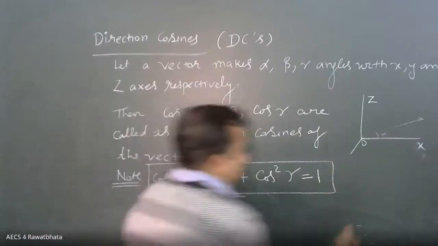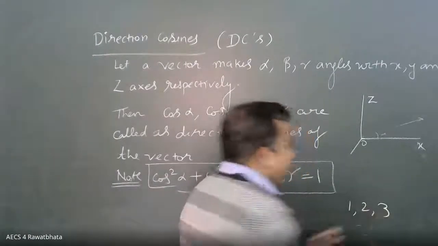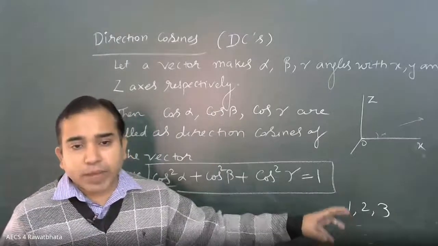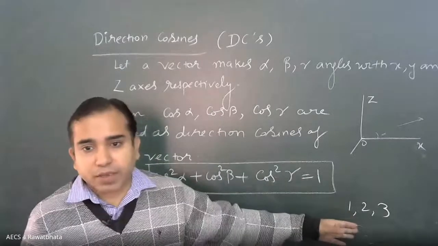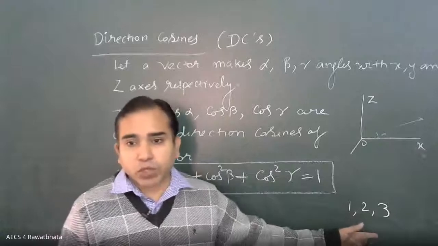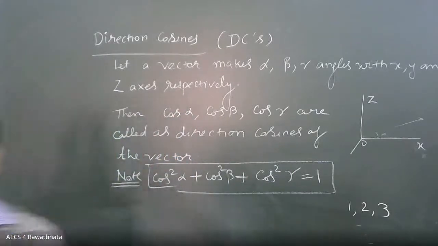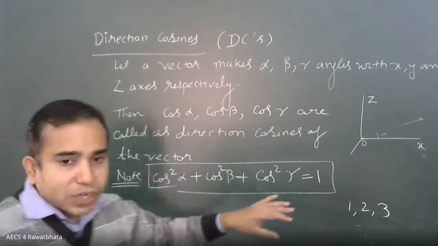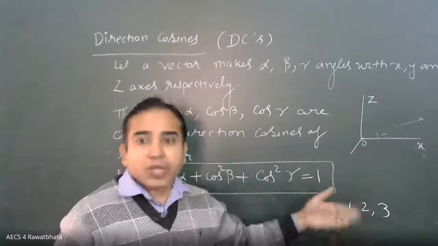So, for example, can they be DCs of some vector? Can you tell? Is there any vector for which these can be DCs? Can they be direction cosines? Students, is it possible to check? Can they represent direction cosines of some vector? No, they cannot.